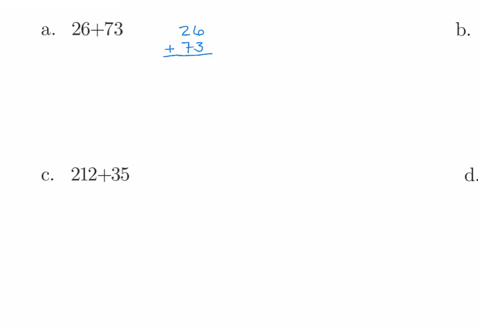So if you want, you can write 26 plus 73, or you can do 73 plus 26. From there, starting on the right, we're going to go ahead and add straight down. So we get 6 plus 3 is 9, and 2 plus 7 is 9. All right, that takes care of that one.